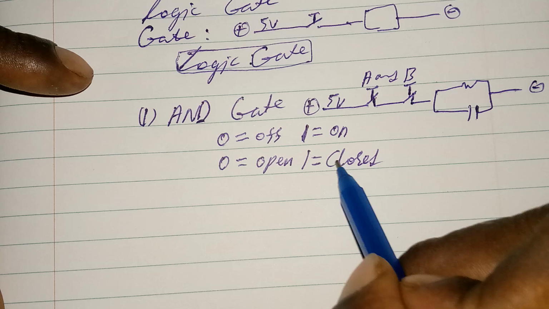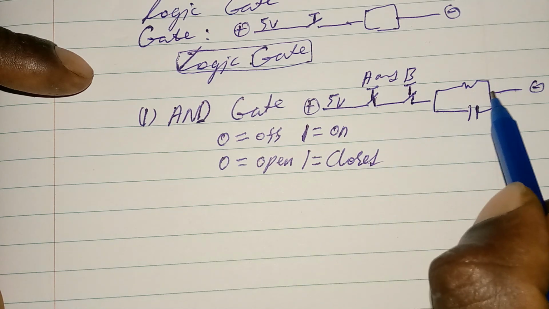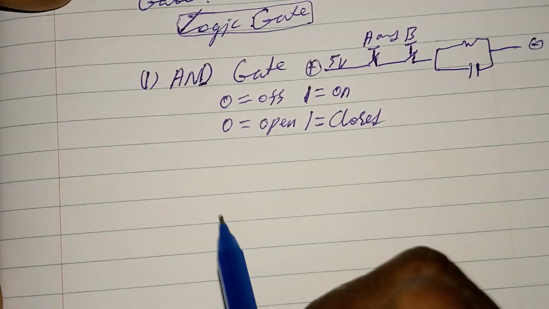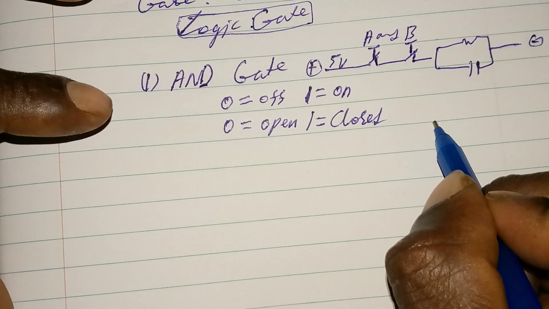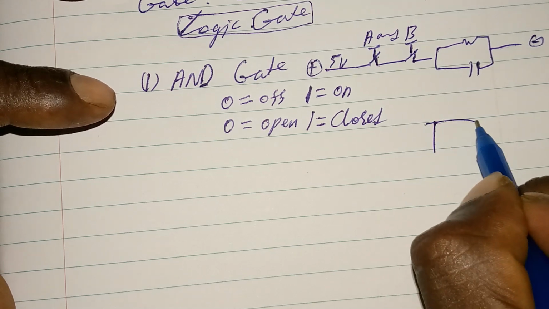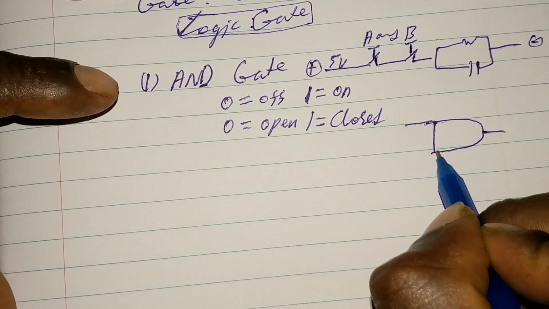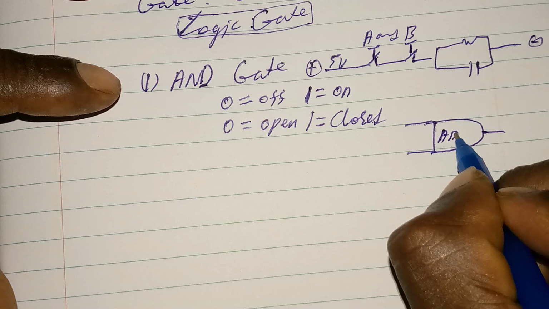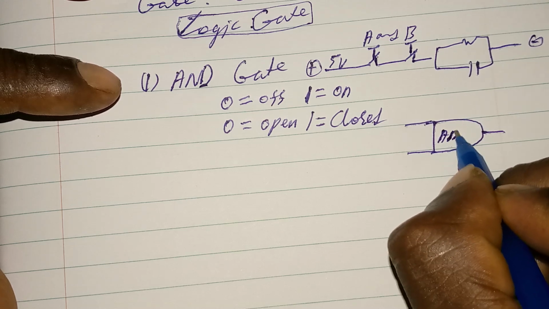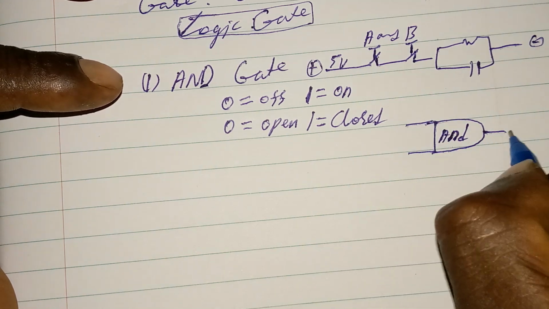But when the switch is closed, the voltage will power the circuit. Now, the truth table, the circuit symbol for the AND gate is like this.